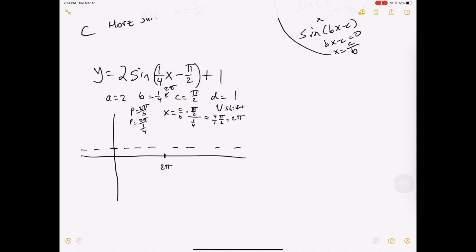When I divide by 1/4, I really multiply by the reciprocal. So it's actually 4 over 1 times 2 pi, which is 8 pi. Oh my gosh, it's taking me 8 pi to finish. Well, if I start at 2 pi, I will finish at 2 pi plus 8 pi, which is 10 pi. Oh my goodness, that's so far away.